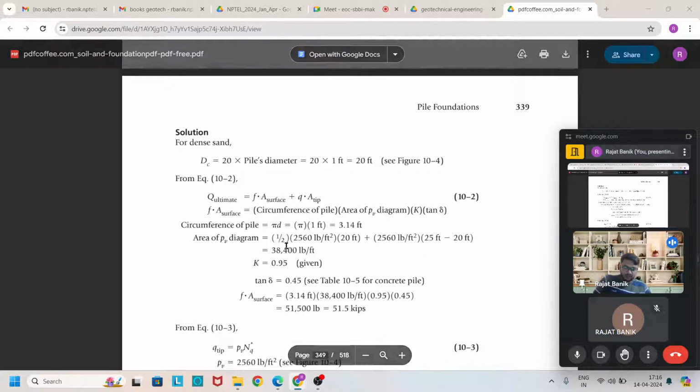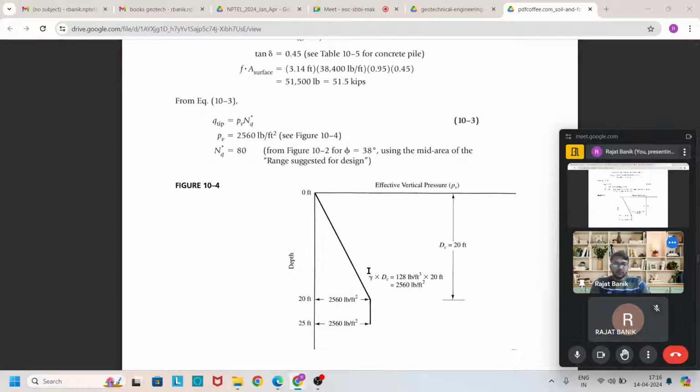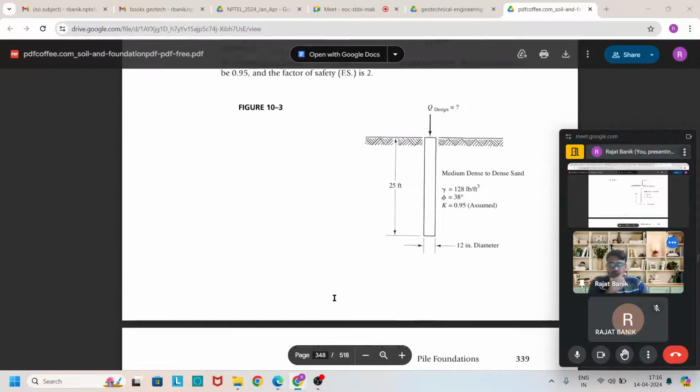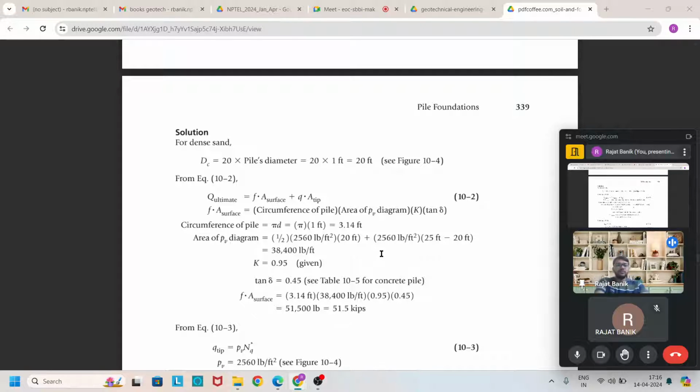The pressure is 2560 pounds per square foot, so the area is half into 20 into 2560, plus 2560 into 25 minus 20.